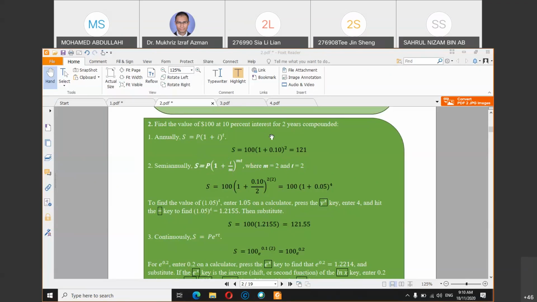But at the end of the day, it is how the application of exponents is applied in financial economics, in calculating interest and the return on investment. You put your money in the bank.